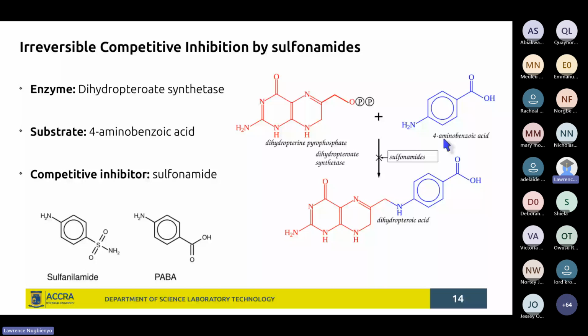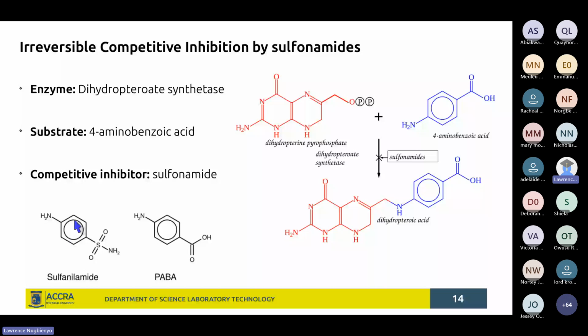Now look at this. You see sulfonamides, so one of these sulfonamides, or a common sulfonamide, which is sulfanilamide. Say one of the simplest of these sulfonamides, sulfanilamide.